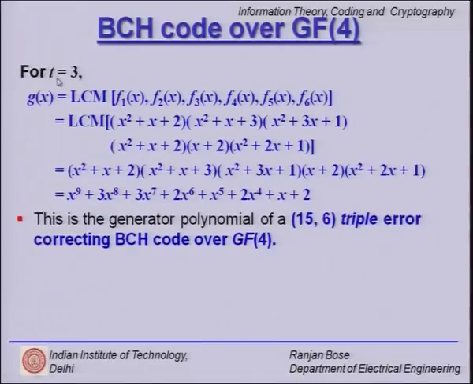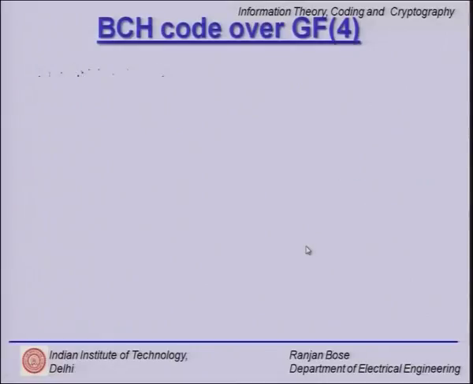And mechanically we continue for t equal to 3, we have yet another g(x) resulting from the product of f1(x), f2(x) up to f6(x), because 2t, t equal to 3, so it is f6, and therefore we have a triple error correcting BCH code over GF4.